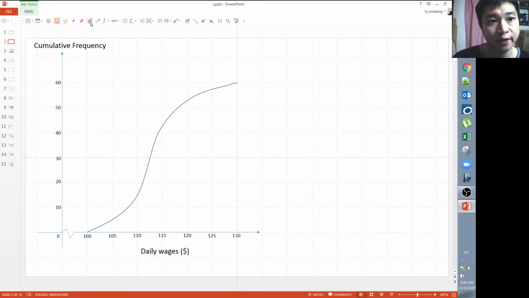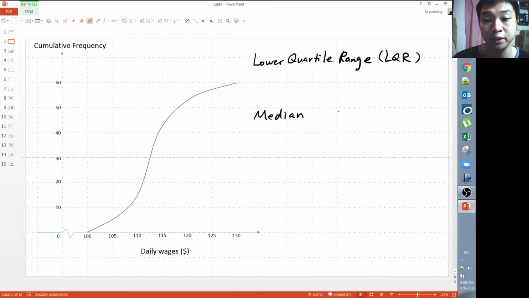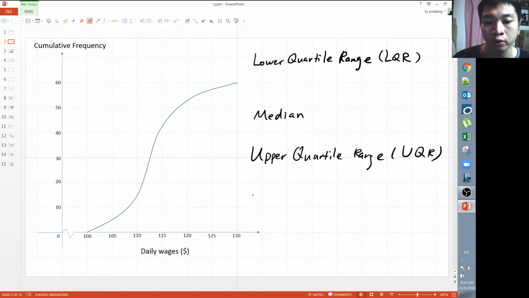Yesterday I talked about some statistical terms: the lower quartile range, which you can use shorthand LQR to represent, the median, the middle number or middle range, and the upper quartile range, UQR, and how to find your interquartile range.